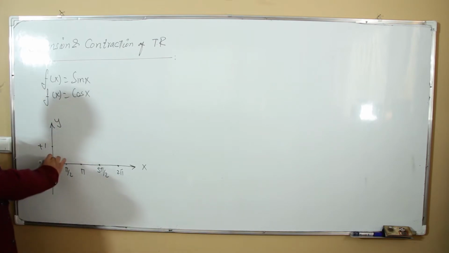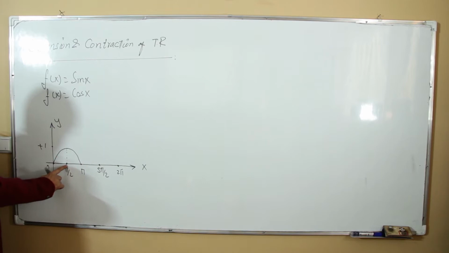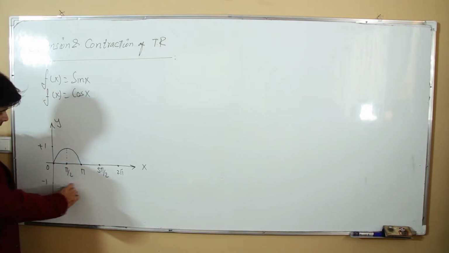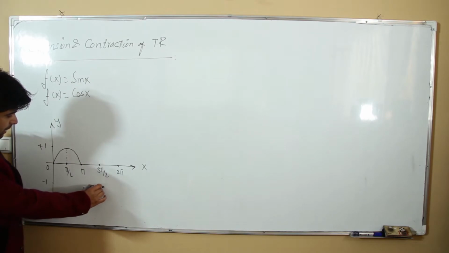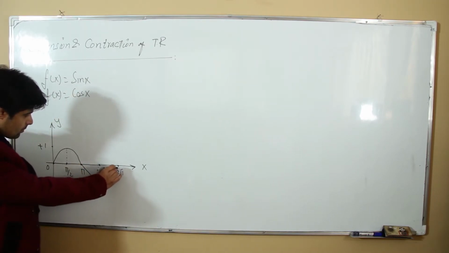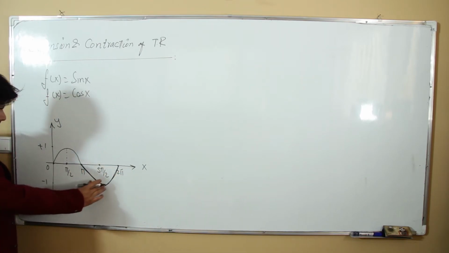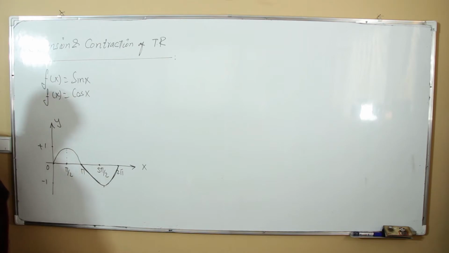Now the graph of sine is like this. It has a maximum value at pi divided by 2. The value of sine at pi is 0 and the value of sine at 3 pi by 2 is -1. This is the graph for sine.